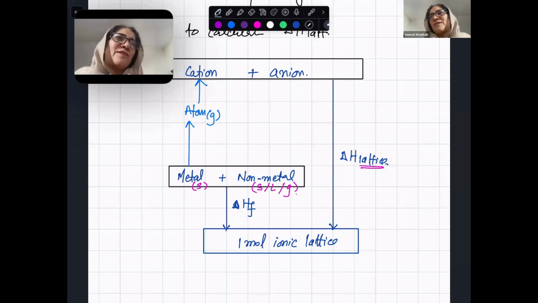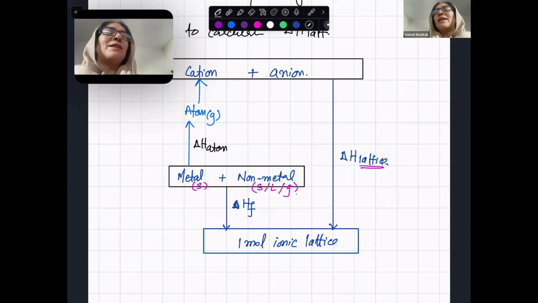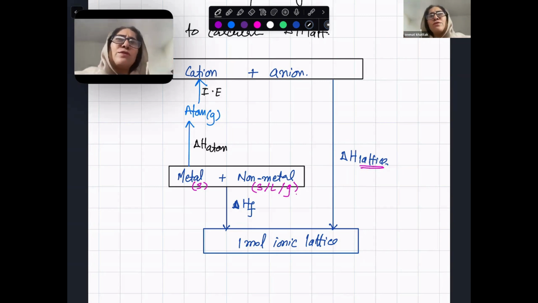So what is the first step? Delta H what? Atomization. Delta H atomization of the metal. And then ionization energy of the metal to lose electron. Now what is happening to the other side?